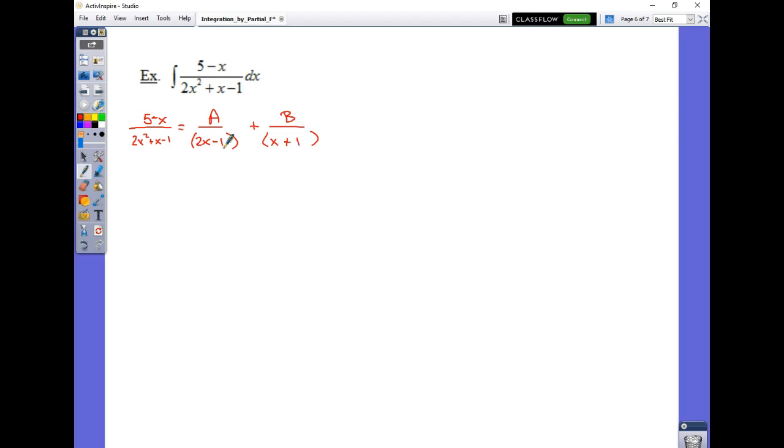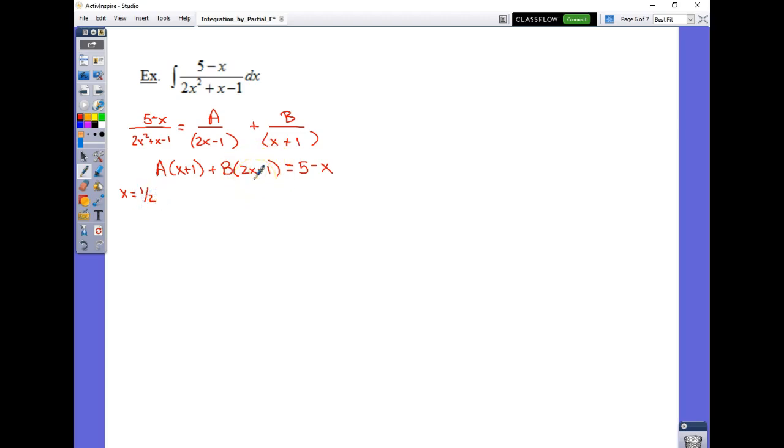All right. So what do we have? We have a times (x plus 1) plus b times (2x minus 1) should be equal to 5 minus x, where we're going to set x at first equal to, it looks like, 1/2.